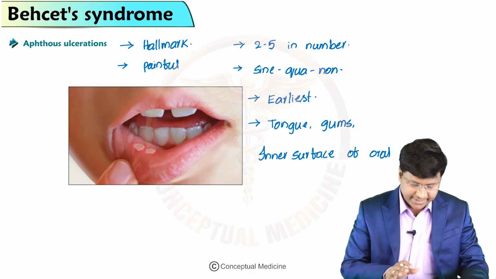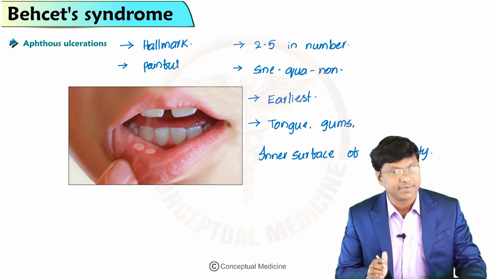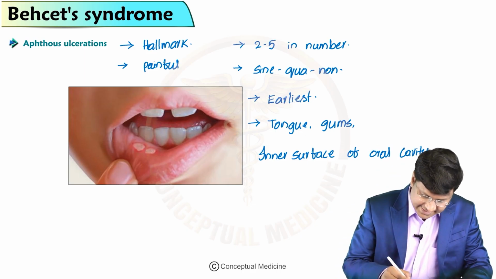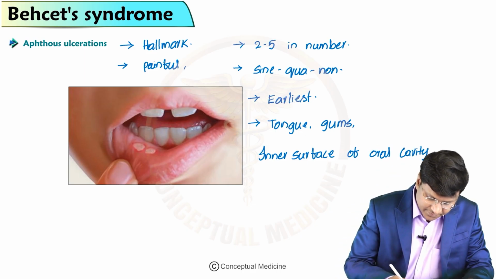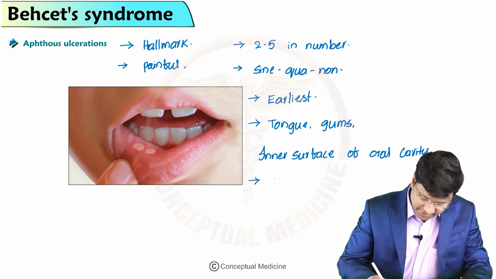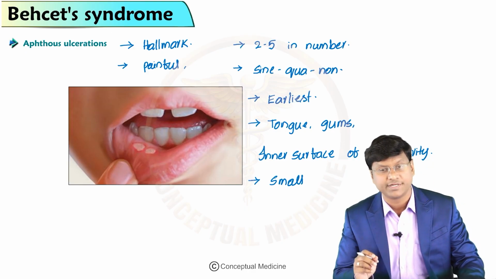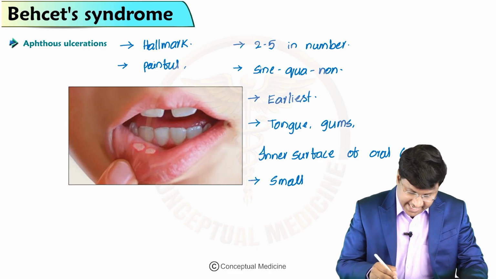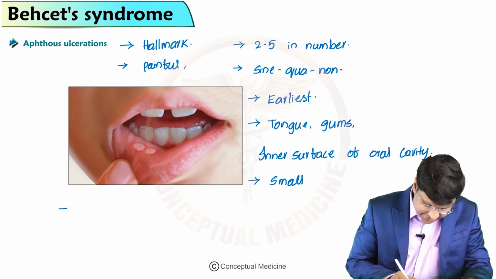So these are the areas within the oral cavity where you have the presence of the ulcers. And these ulcers, I said, are very painful. Not only that, if you take the size of these ulcers, they are small, shallow aphthous ulcers.